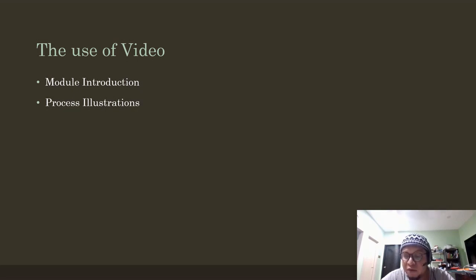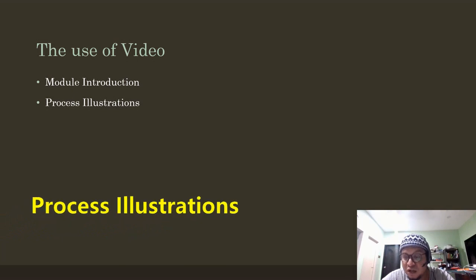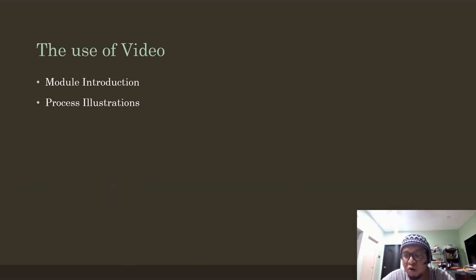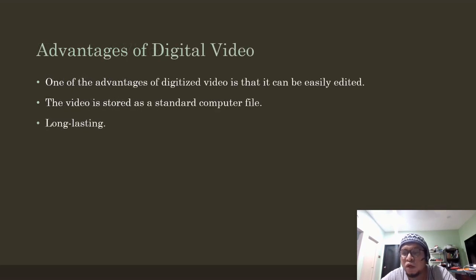The second one is process illustration. It is extremely valuable for students to see the component steps in a process. One of the advantages of digitalized video is that it can be easily edited. With a lot of editing software nowadays, people can easily edit the video.